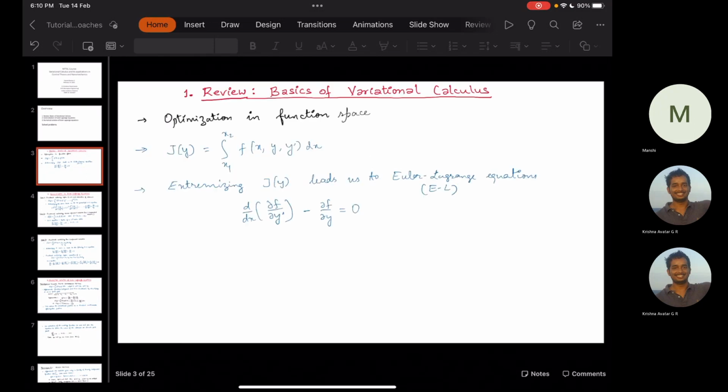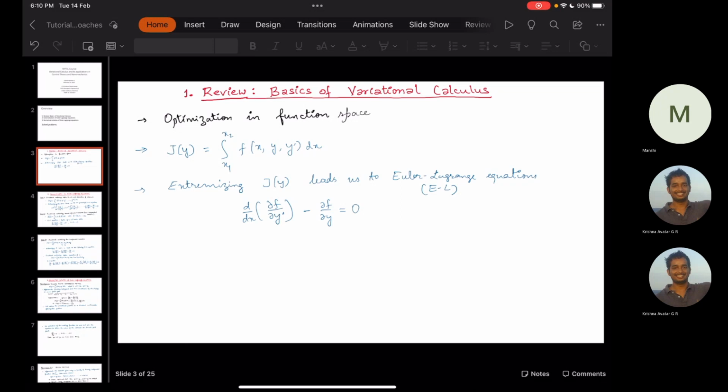Okay, let me begin with the review of the basics of variational calculus. As you recall from the previous discussion, variational calculus is essentially optimization in function space.